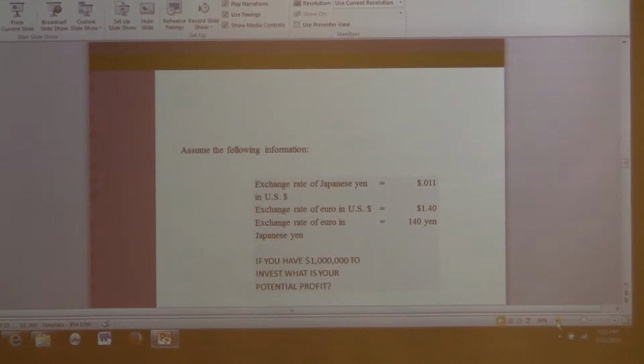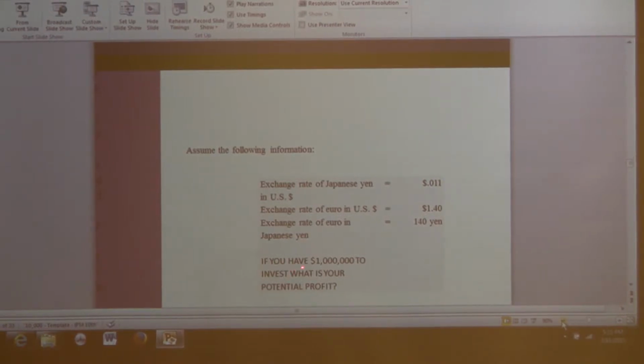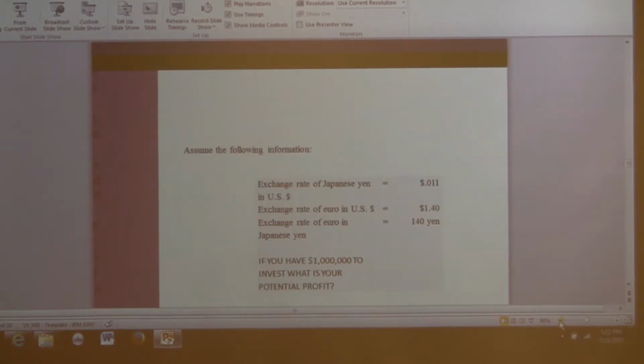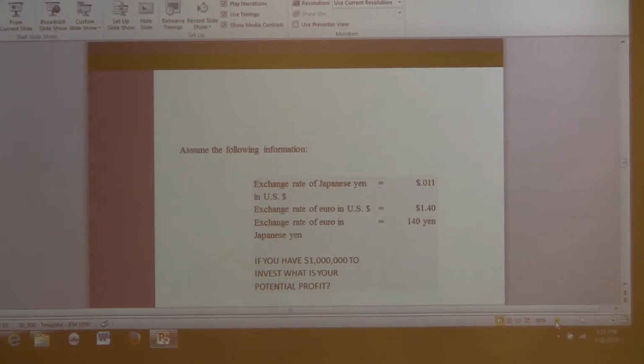So for 1 euro, you get 140 Japanese yen. And the question is, if you have $1 million to invest, what is your potential profit? Okay. So let's go back to the way we did it.